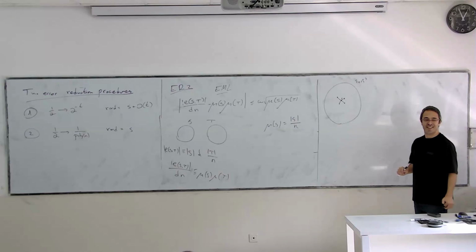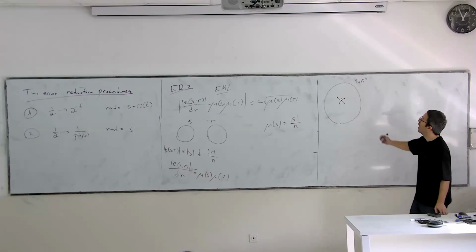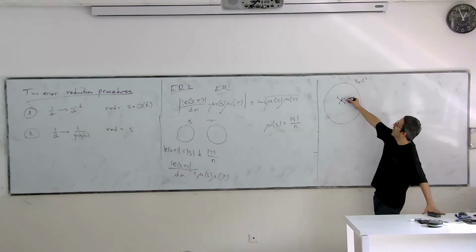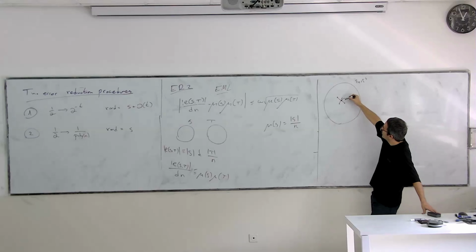Is this not in NP? No. I'm choosing a vertex at random, and then I'm going to run the algorithm with this randomness and with these randomnesses. It's in P. I choose this vertex, but otherwise it's deterministic.